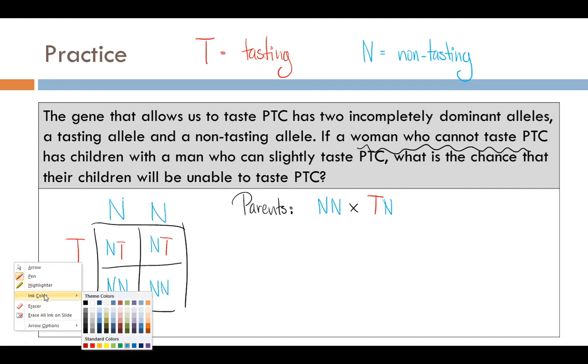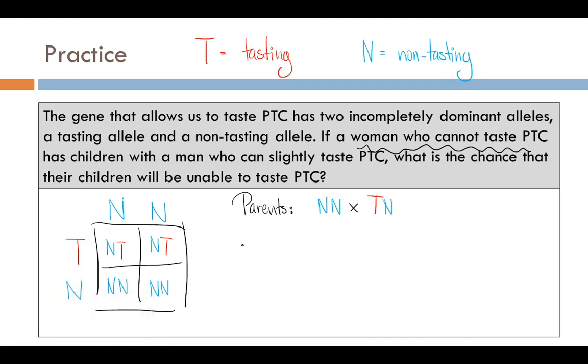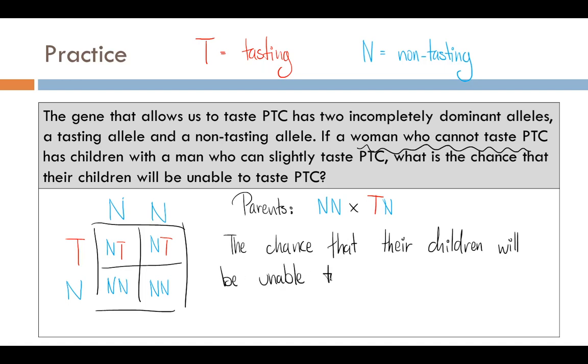So the answer is that 2 out of 4, or 50%. So the chance that their children will be unable to taste PTC is 50%. Okay?